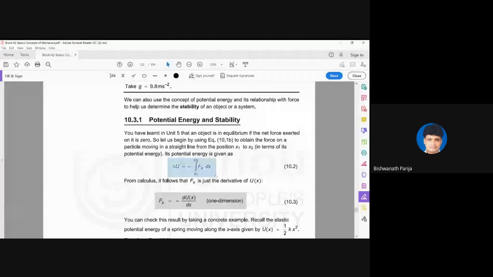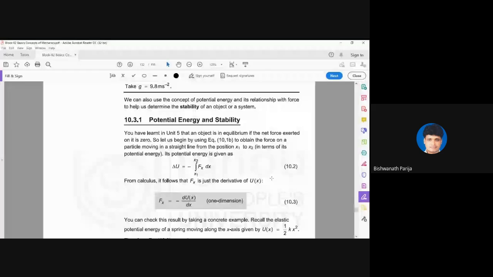If you differentiate both sides, this integration will be removed, and here will come del u by del x, but du by dx equals minus Fx. So Fx equals minus du by dx. In this formula 10.2 you differentiate both sides, then you will get 10.3. Everyone clear?